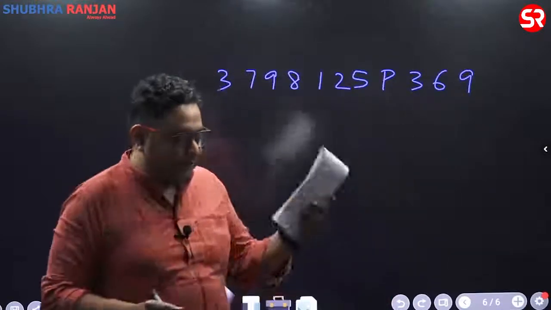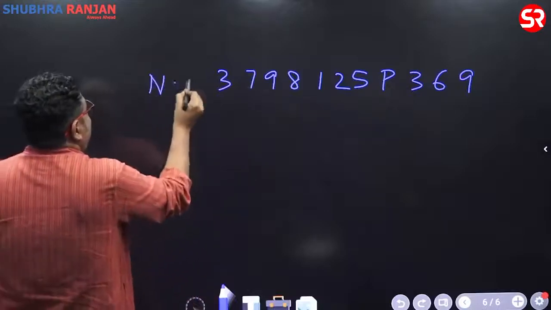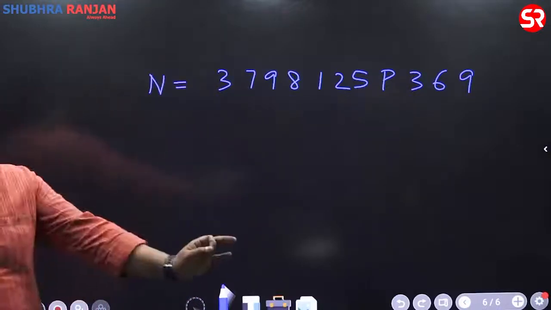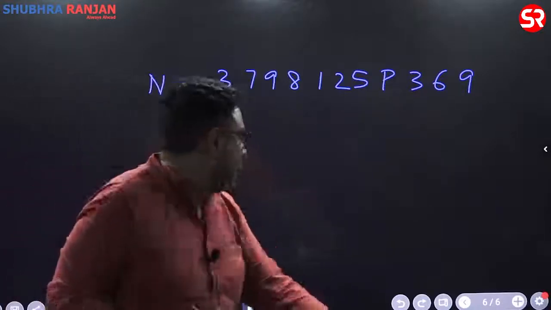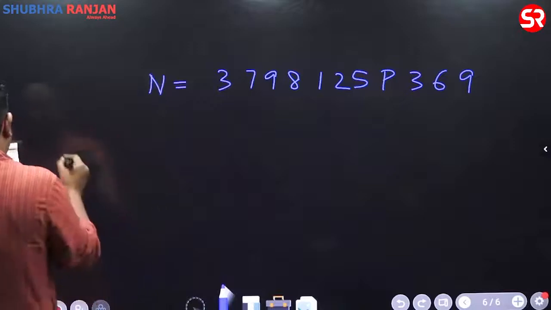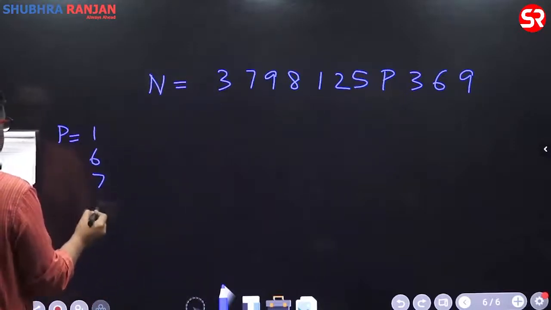This is a number given to you, and the question was: this number n is exactly divisible by 7. So what could be the value of P? And the options given to you were 1, 6, 7, and 9.